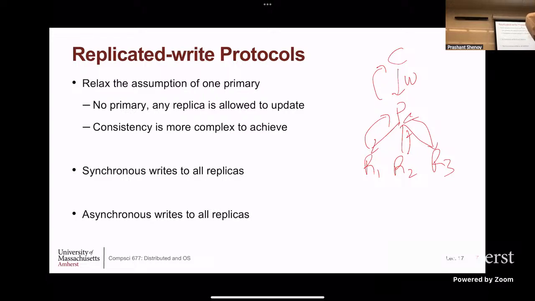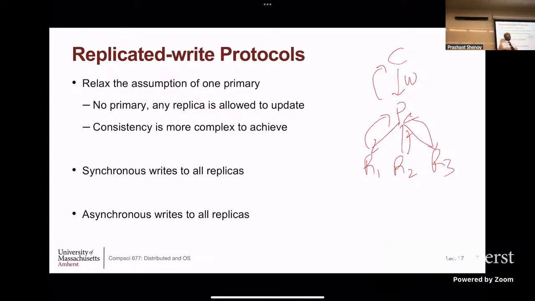Okay, the question is what happens if a replica blocks in the synchronous write? That's your question, right? Yeah, so if the replica blocks in a synchronous write, the primary, because it is waiting for responses from the replicas, could simply send a message to the client saying the write failed. Because remember, you are just reading and writing, you can always get an error message saying the write didn't succeed for some reason, which happens even in a normal file system, right?